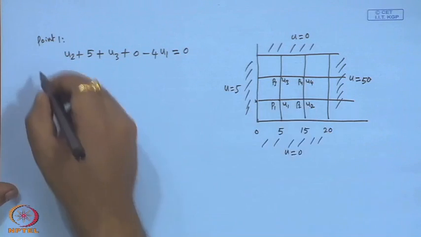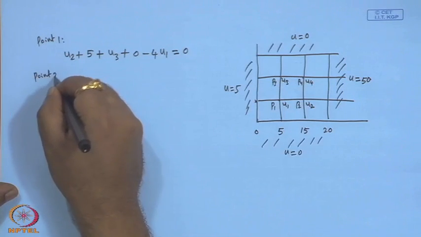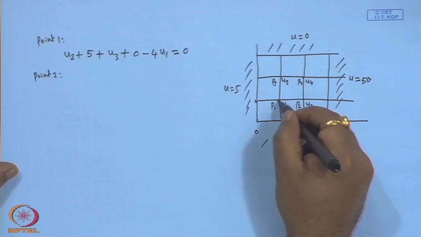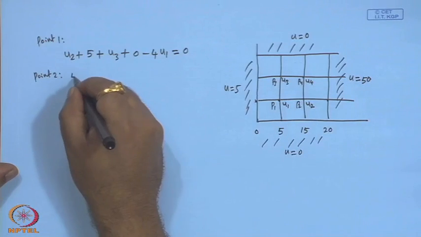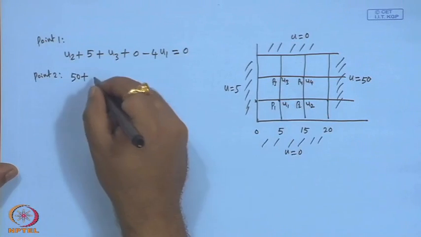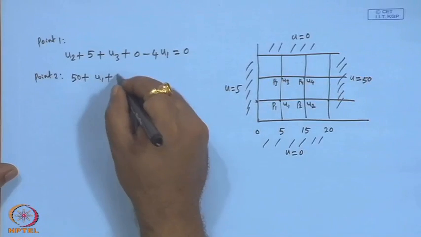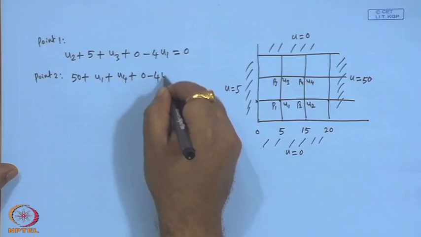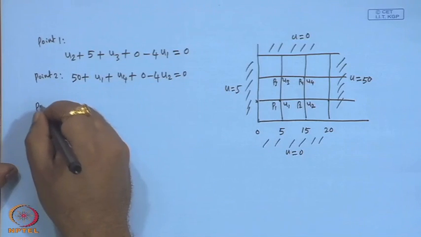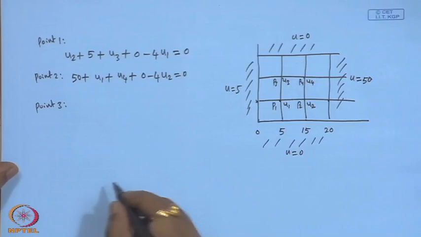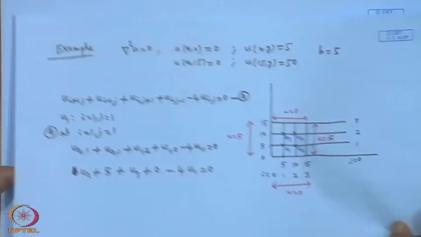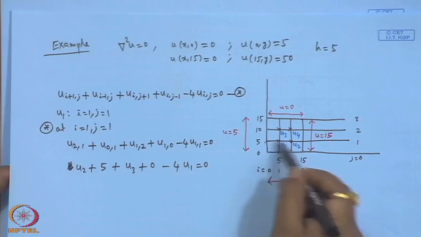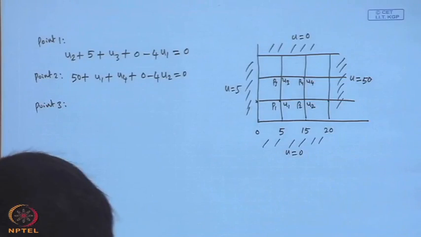Next we run the equation at point 2. So, when we run the equation here we get this value plus this value. So, this value is 50 and this is u 1, then u 4, then value here is 0 minus 4 u 2. Now, at point 3. So, we know when we use at a particular point it needs 4 neighbors. So, I am just working out based on that.